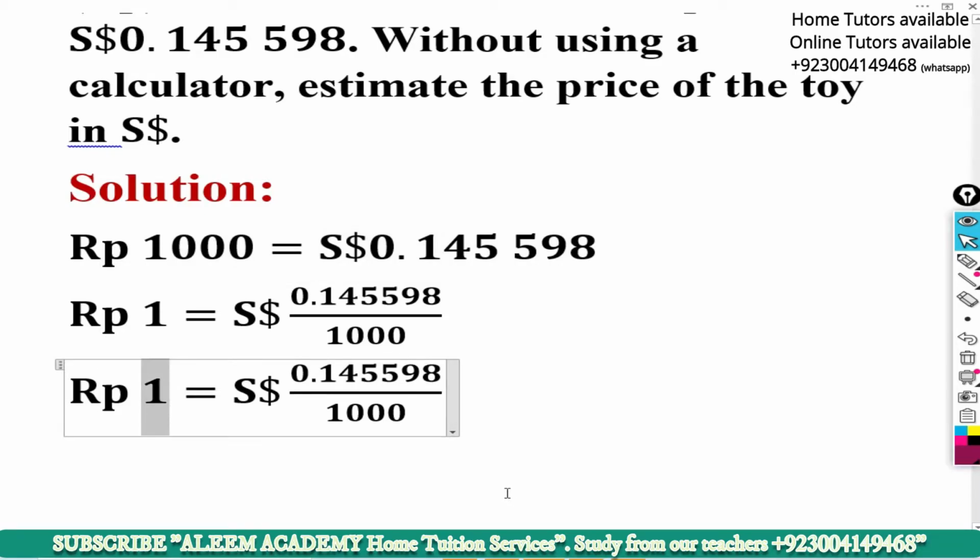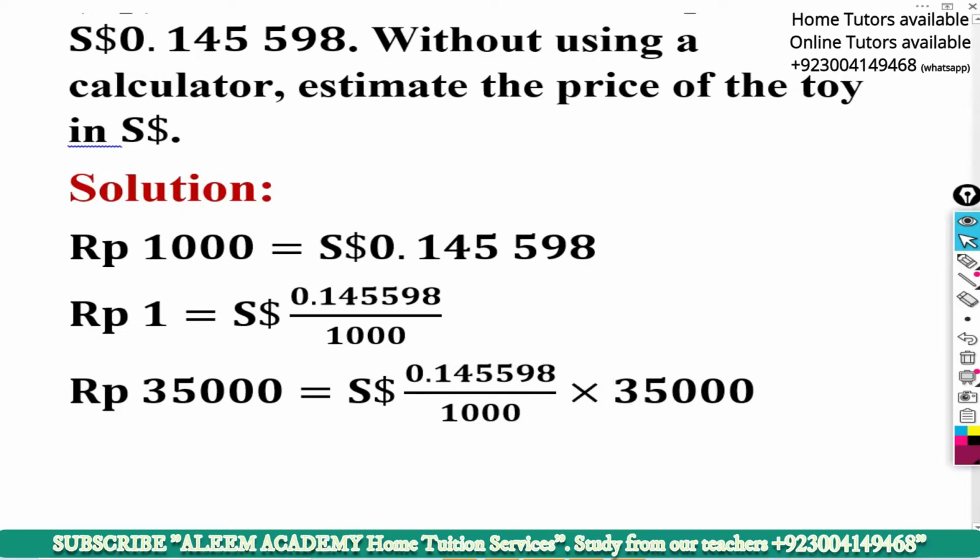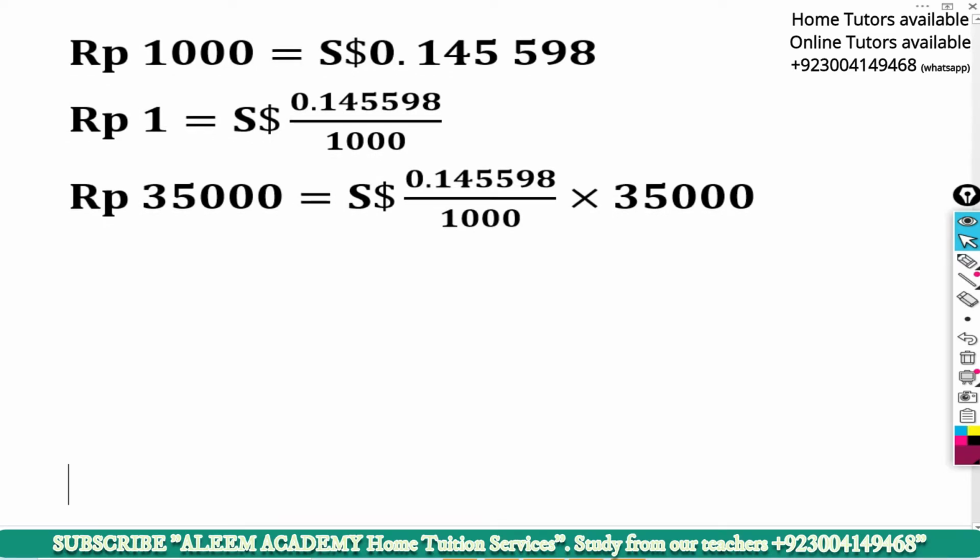So this will become 35,000, and on this side this number will be multiplied by 35,000. Alright.